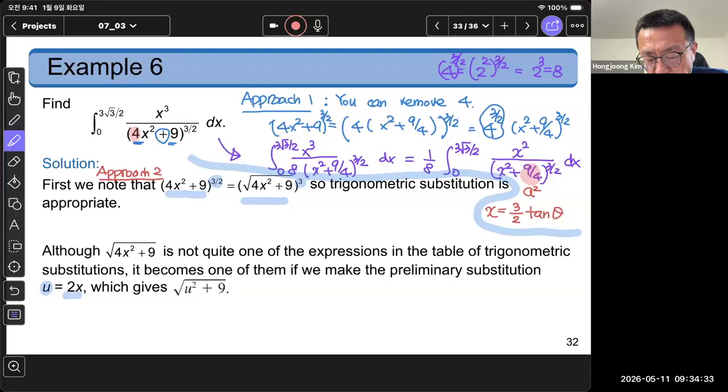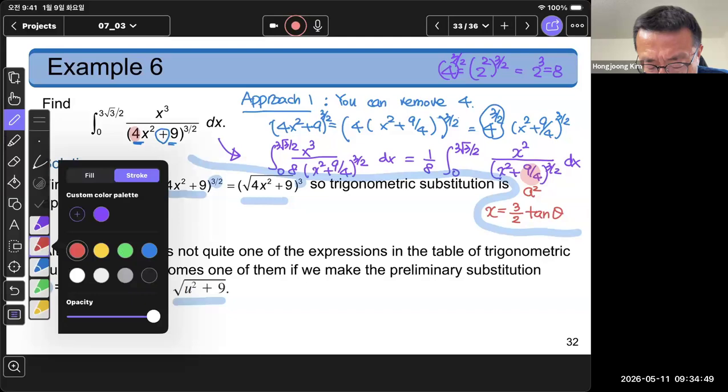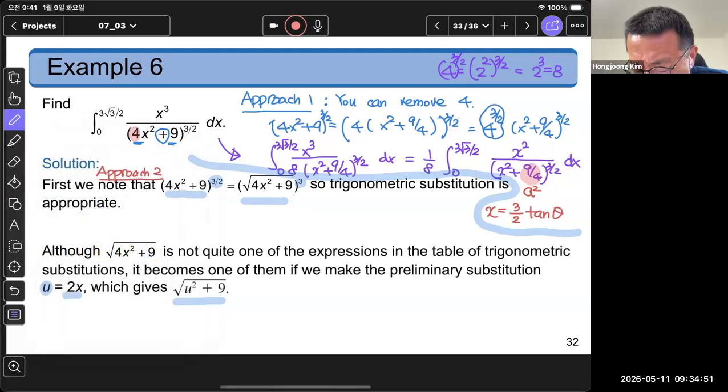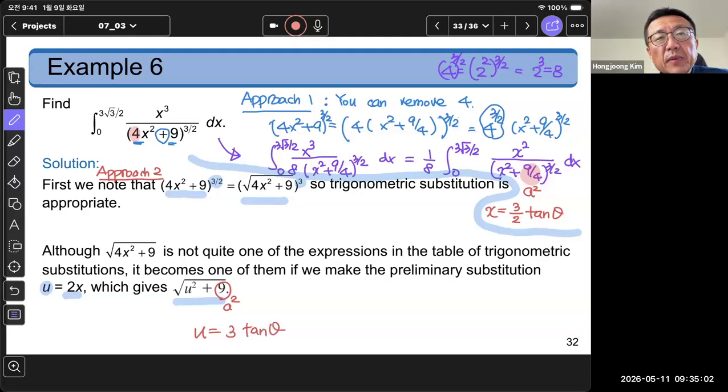Then 4x squared will be u squared. So square root of 4x squared plus 9 will be square root of u squared plus 9. And in that case, your 9 is your a squared. So u will be 3 tangent theta. Right?